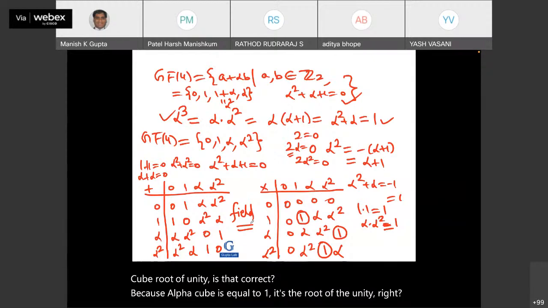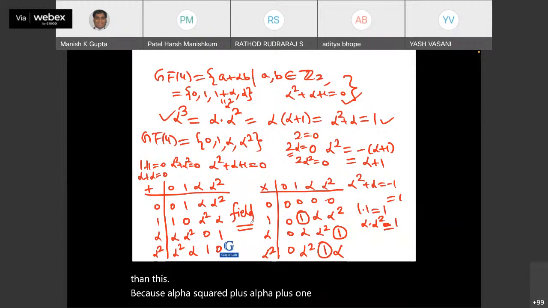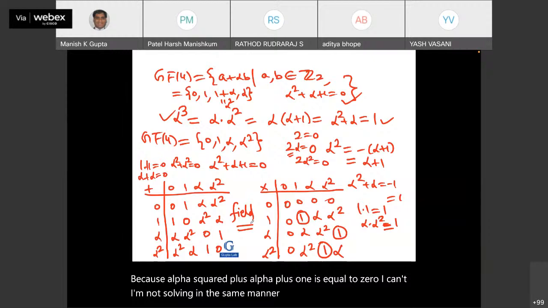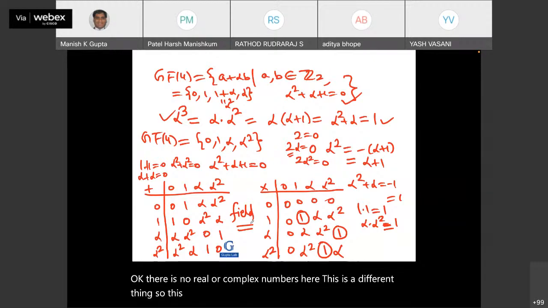But actually, the cube root of unity over reals and complex numbers is different from this. Because now alpha square plus alpha plus 1 is equal to 0, we cannot solve in the same manner, we cannot apply the Shridharacharya formula here. There are no real or complex numbers here. This is a different thing. So this is a field with 4 elements.